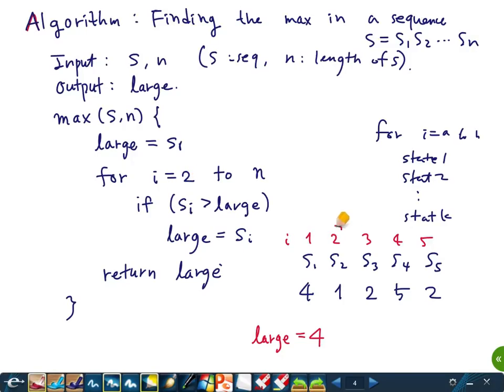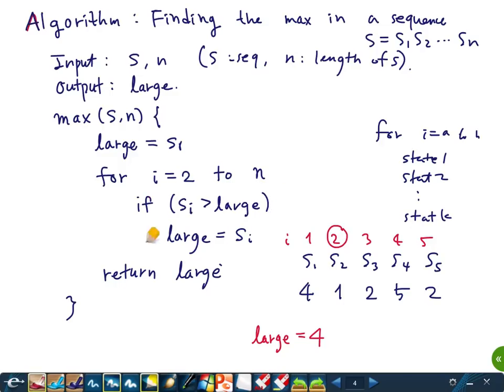So i is 2. We compare S_i, which is S2, with large. Which one's bigger? S2 is 1, large is 4. 4 is bigger, so we don't update. We don't do this. Now go to the next.